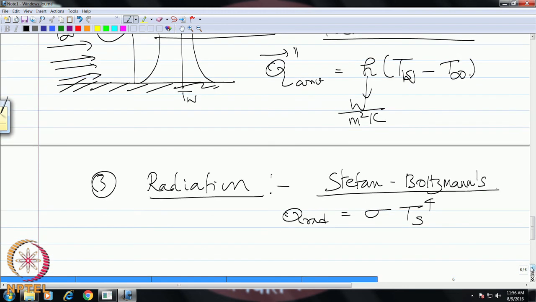If you are talking about transport of heat between a black body and the ambient, then we can say sigma (Ts to the power 4 minus T infinity to the power 4). This is the net radiative heat transport between a black surface and the surrounding ambient. If this is not a black surface but a grey surface, you introduce your emissivity.